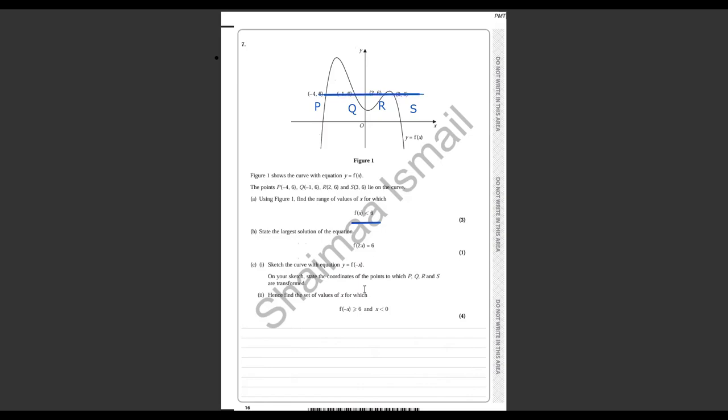So we can say here, for question A, it would be between negative 1 and the value of R, the x-coordinate of R here, which is 2. Okay. As you see here, the value of x here is negative 1, and here it is 2. And this is, you see, it is less than 6.